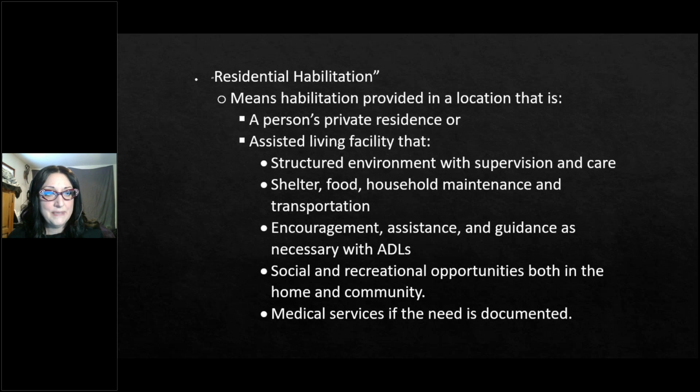So there's a piece about residential habilitation here. Residential habilitation is where habilitative services are provided in a residence, either in a person's own residence or in their out-of-home, which would be assisted living home, a group home, or family hab home in the case of our habilitative out-of-home residential.